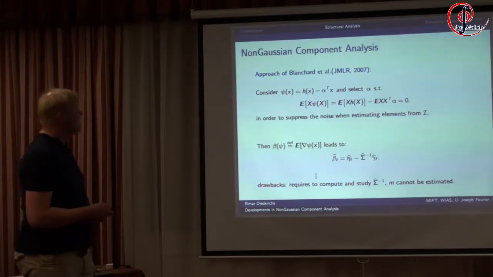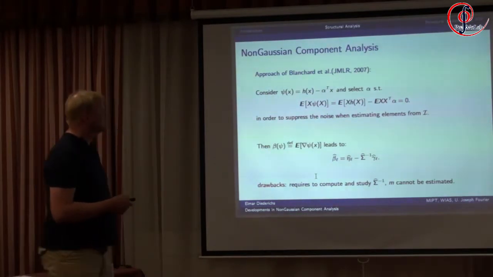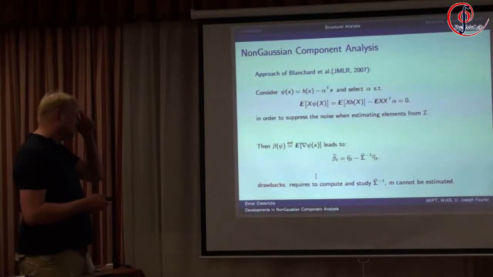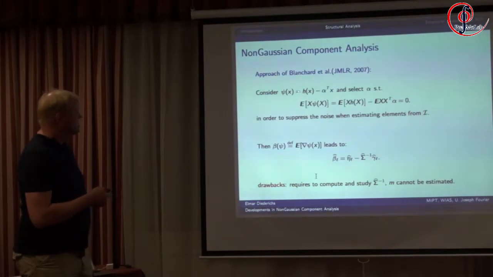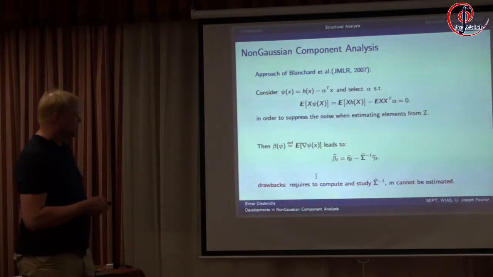Basically there are three different approaches to structural data analysis using non-Gaussian components. The first of these approaches comes from Diederichs, and he constructs the decisive functions psi in the following way. Psi has this form, and the idea is that if psi fulfills this condition, our noise-killing condition from the first lemma, then the idea is to construct an element from the non-Gaussian target space by using the information-bearing component eta L and subtracting the noise.